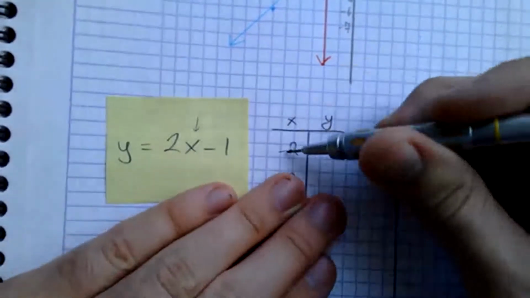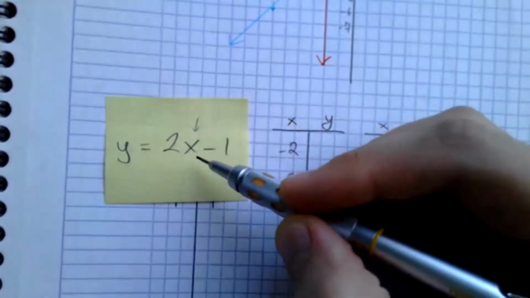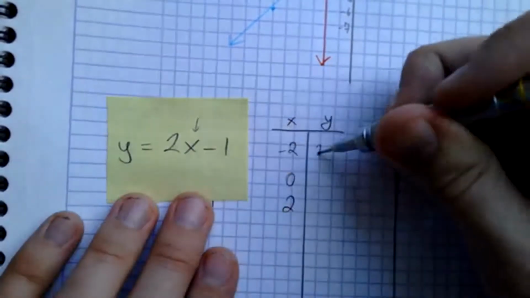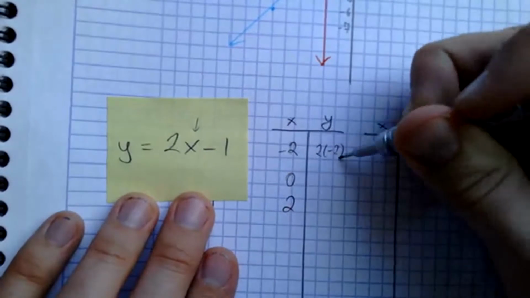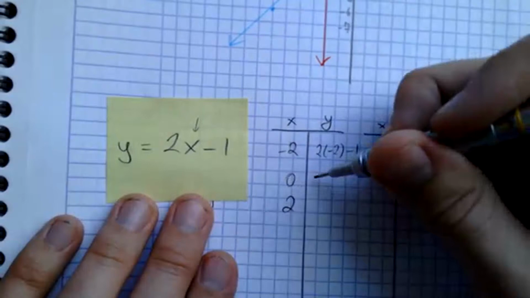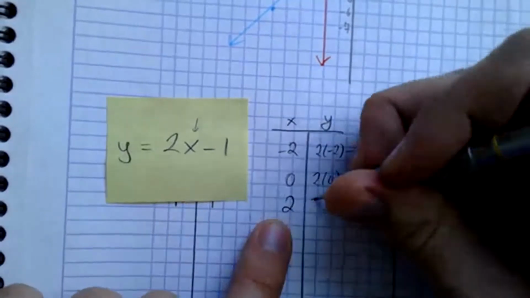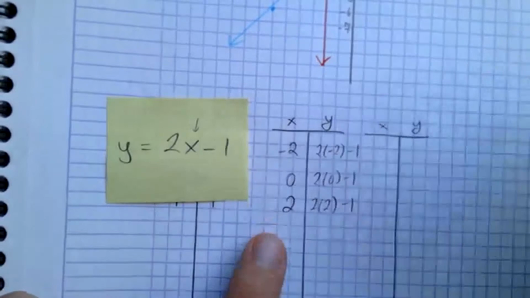So we start with the first x, -2. We're trying to plug in x to this equation, so all we have to do is 2 times -2 minus 1. For x equals 0, we would be doing 2 times 0 minus 1. And for x equals 2, we'd be doing 2 times 2 minus 1.